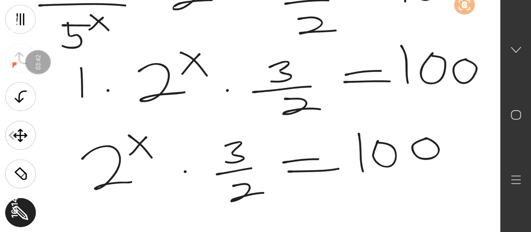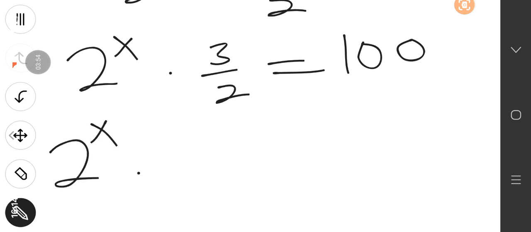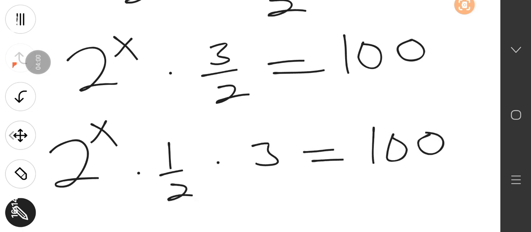Now, we can rewrite our equation in another form. This can be 2 exponent x times half times 3 equals 100.